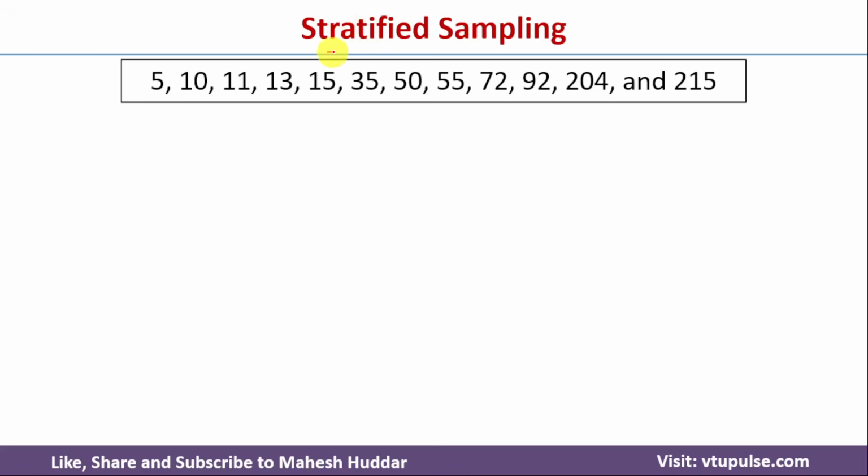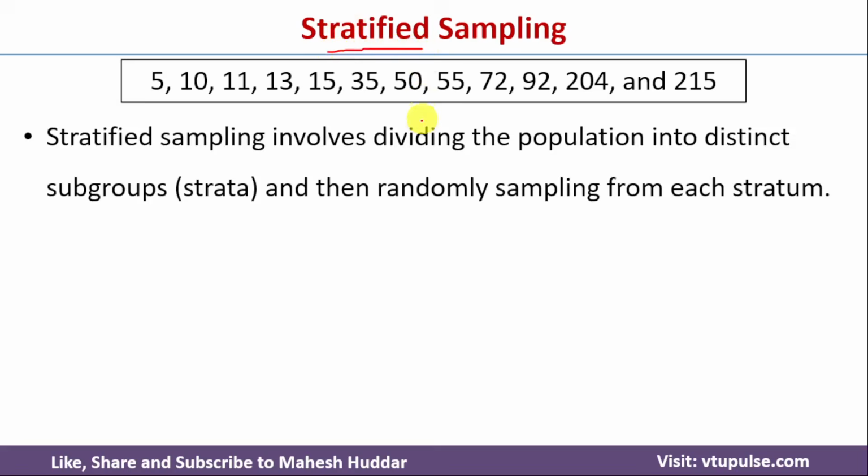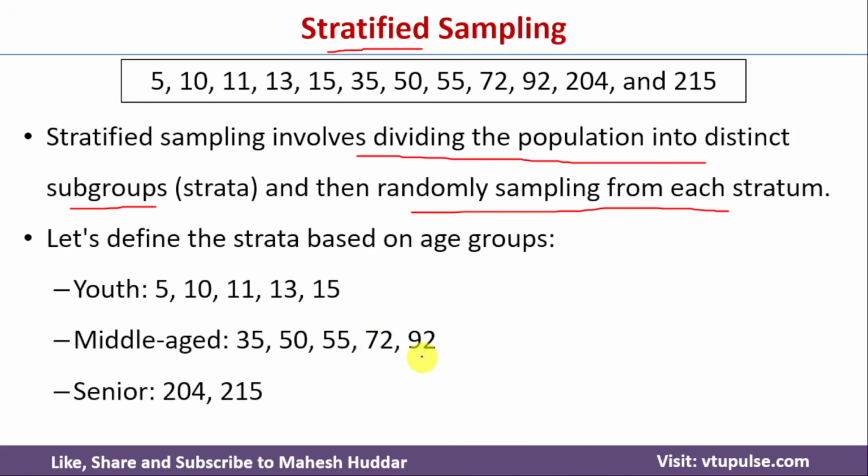Next one is stratified sampling. Stratified sampling involves dividing the population into distinct subgroups and then randomly sampling from each stratum. Here I have divided the data based on age groups: youth, that is from 5 to 15, middle-aged from 35 to 92, and senior from 204 to 215.